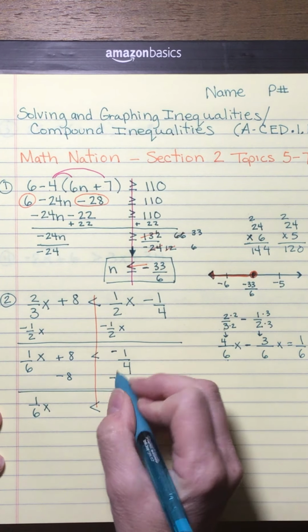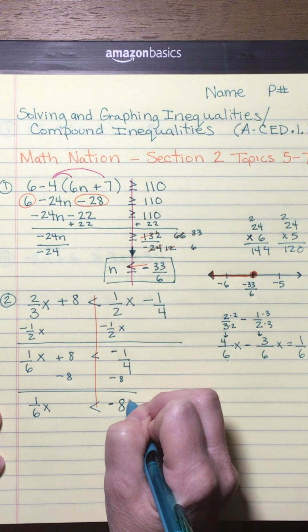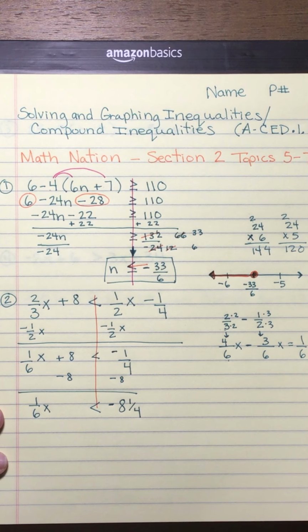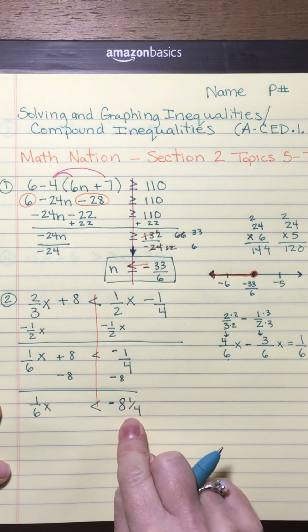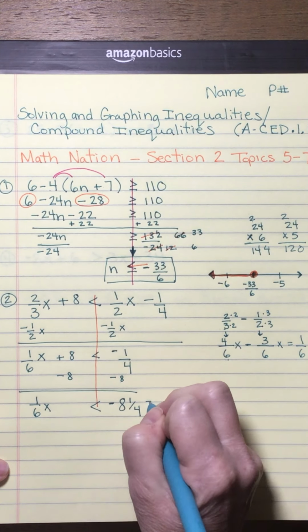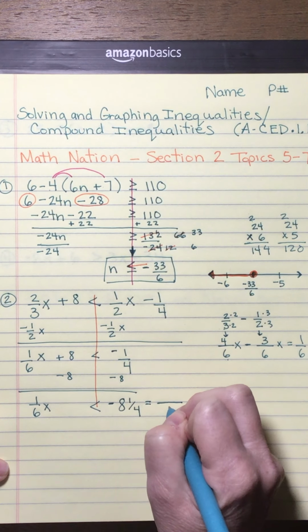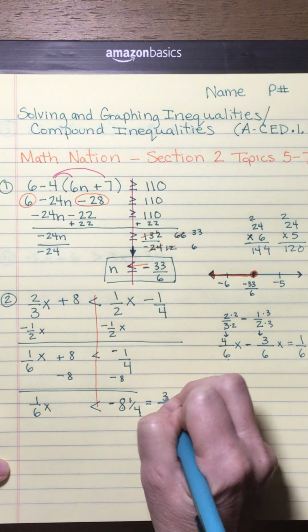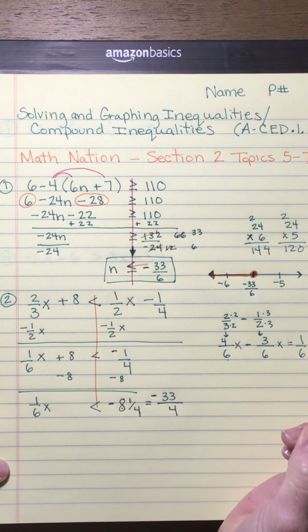So how many negatives? Well, 8 plus 1/4 is just going to be 8 and 1/4. But at this point, it's going to be easier if I change this into an improper fraction. So I'm going to just change that, keep my 4 on the bottom. 8 times 4 is 32, plus 1 more is 33, and it's still going to be negative.